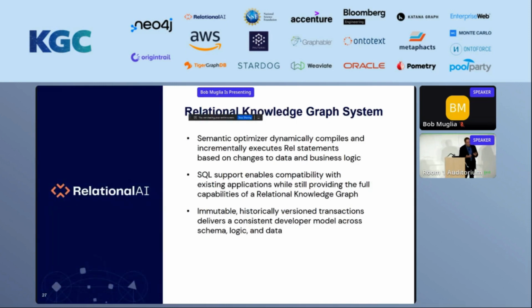And then very, very important in this is the transaction model. As I say, it needs to be a database. A knowledge graph needs to be a database. It needs to have transaction semantics. And in the transaction semantics now, we need to fully transact the model, the data, and the code. A lot of SQL databases don't transact the model.